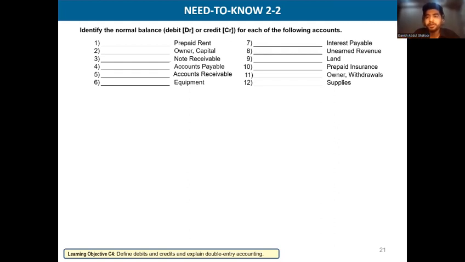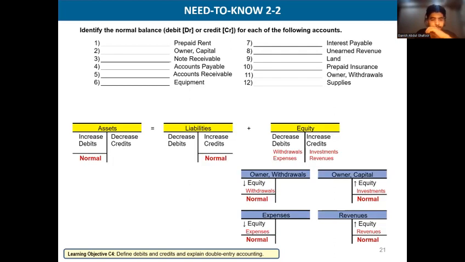So it will be on the debit side. Let's check. Assets increase: debit normal. Liabilities: credit normal. Equity withdrawals and expenses on the debit side, investments and revenues on the credit side. We have discussed all of these. I hope you have done well in this assignment.